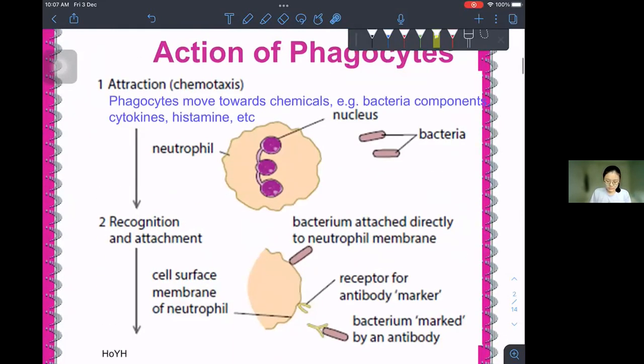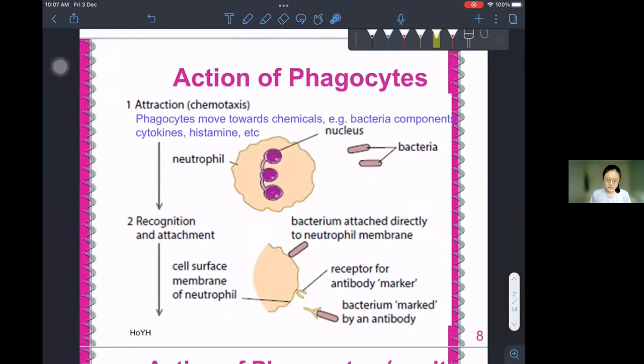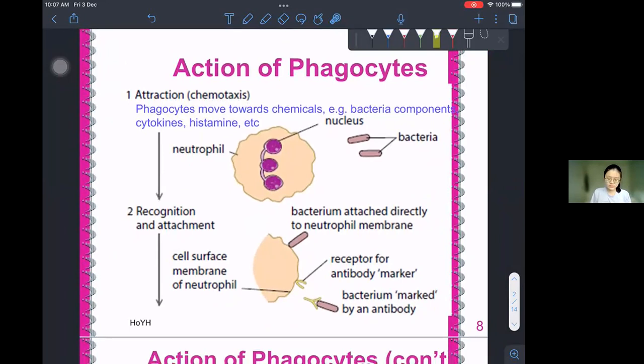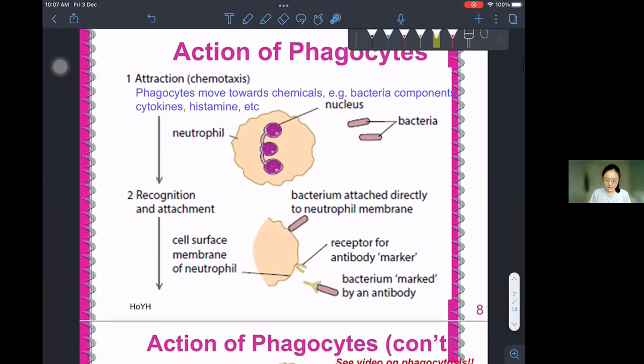The actions of phagocytosis start off with chemotaxis: chemicals released by the bacteria attract the phagocytes, either neutrophils or monocytes, to move towards the chemical.